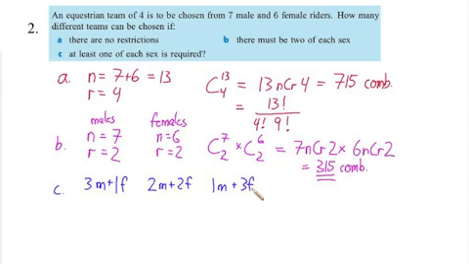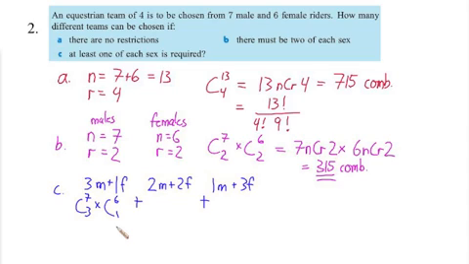I'm going to split these up. I'm going to add these different combinations using the sum principle. I need to use the product principle to find out each individual combination. So using combination notation here, I have 7 total males. I can choose 3 of them for the first scenario. And I have 6 total females, and I can choose 1 of them for the first scenario.